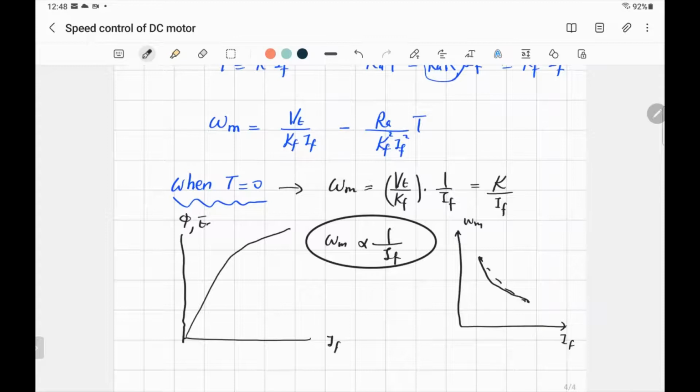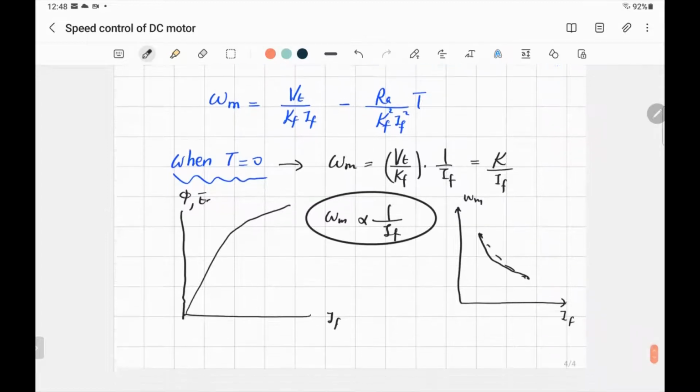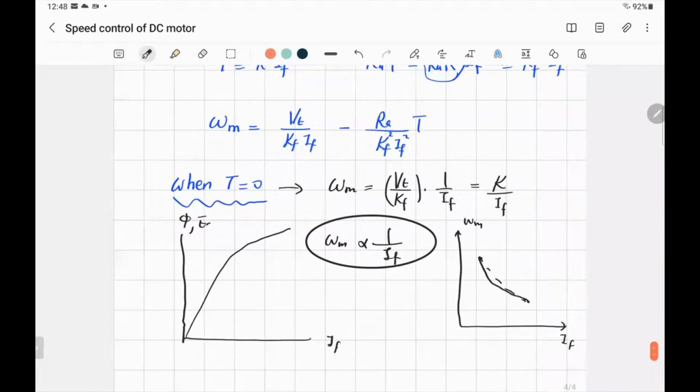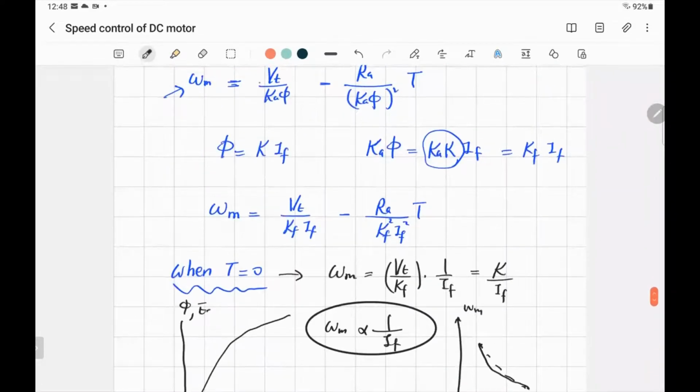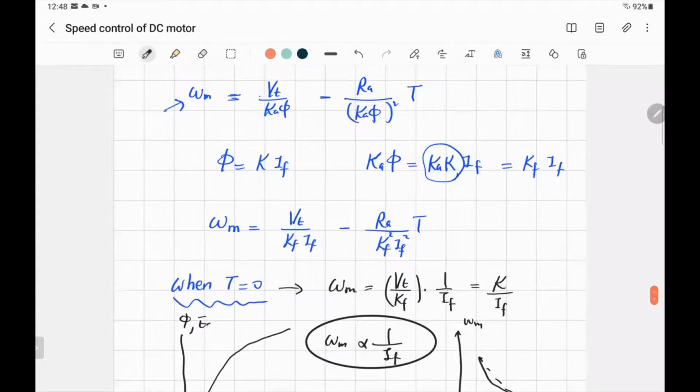That's okay over a small range. But what to understand is that the speed is inversely proportional to the field current. If you look at this equation, let's write it for a specific value and see how it changes with torque.